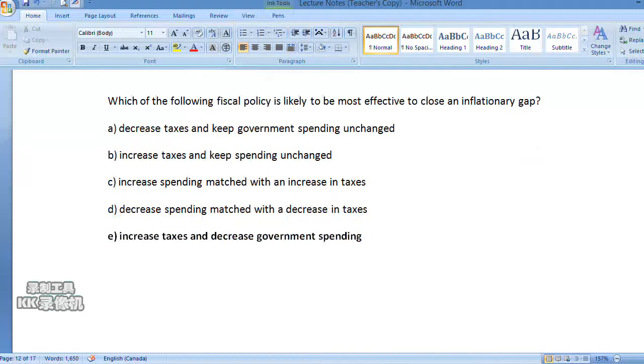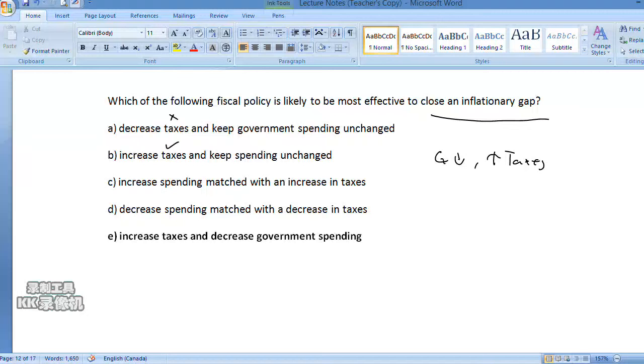Which of the following fiscal policies is likely to be most effective to close an inflationary gap? So for an inflationary gap, we want to decrease government spending and increase taxes. So decrease taxes, no. Increase taxes, yes, and keep spending unchanged.